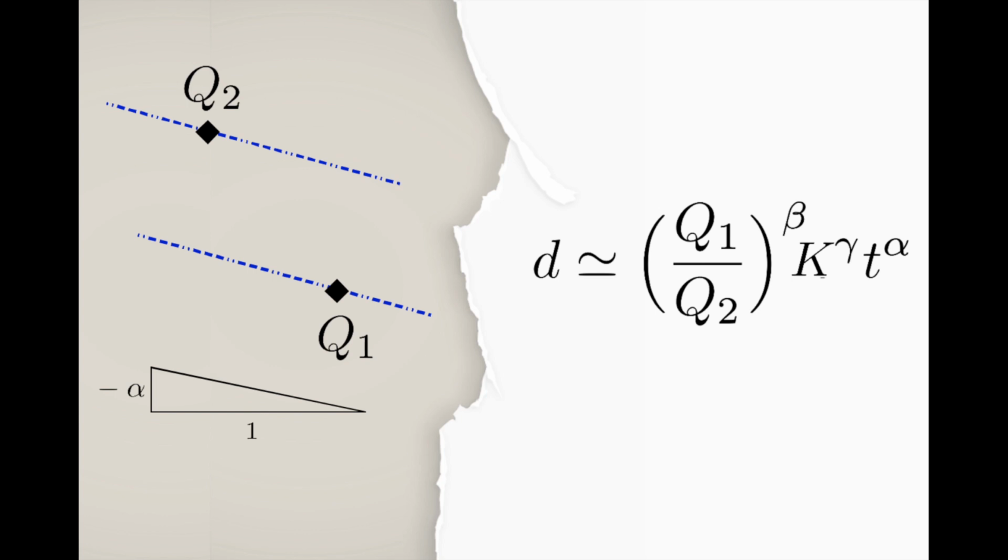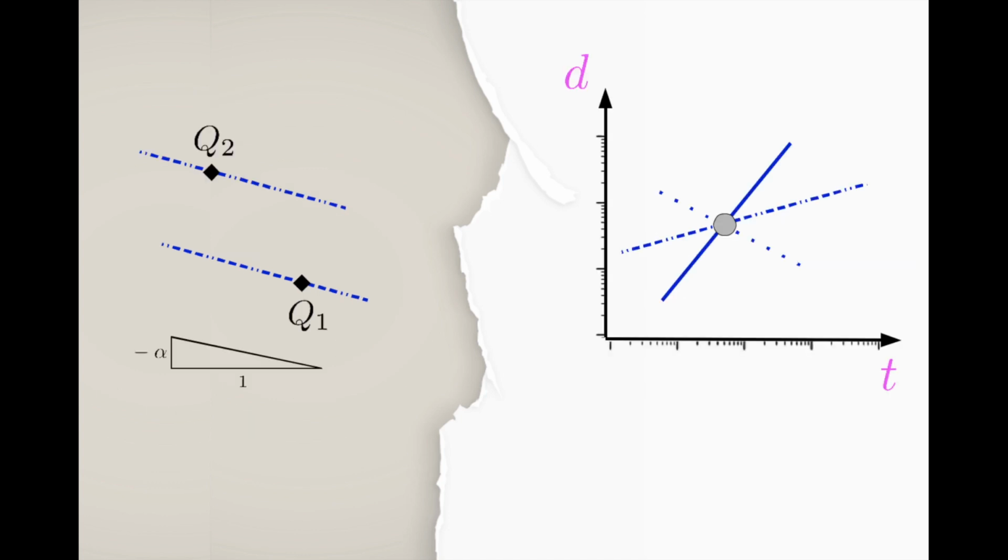In the mechanical plane, the third quantity can be anywhere on either line of slope minus alpha, going through Q2 or through Q1. The search for this third mechanical quantity is what we provocatively called a game of mechanical bingo.